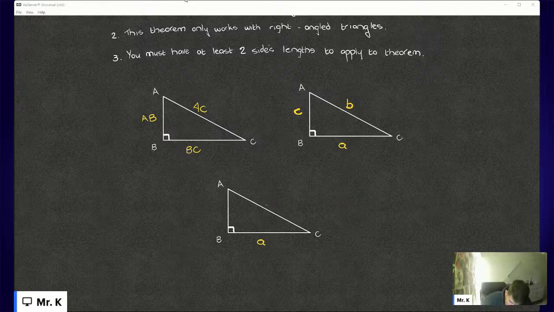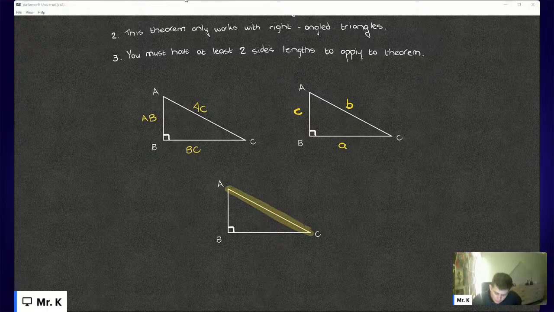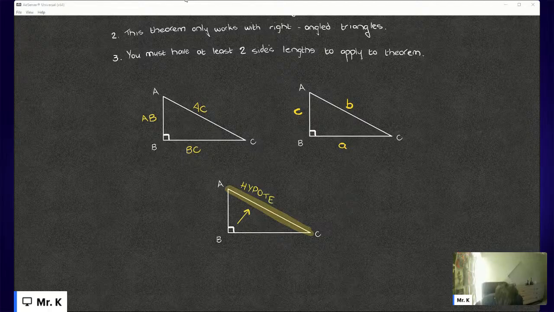When we talk about Pythagoras, it's very, very simple. The theorem itself essentially tells us that the longest side of the triangle over here is always going to be opposite our right angle, right? And this has been given the unique name of the hypotenuse.